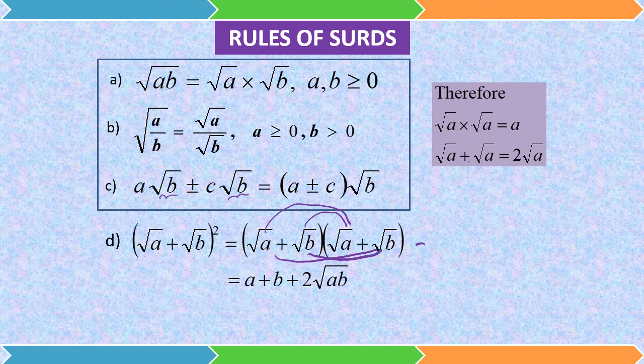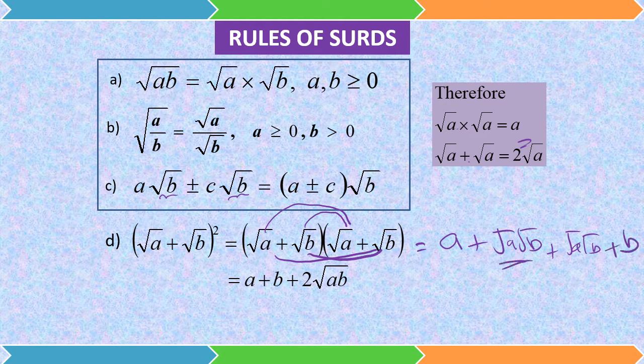Step by step, surd a multiplied by surd a is equal to a. Then surd b multiplied by surd a is surd a surd b. Then surd a multiplied by surd b is surd a surd b. Then surd b multiplied by surd b, the same as surd a multiplied by surd a, is b.